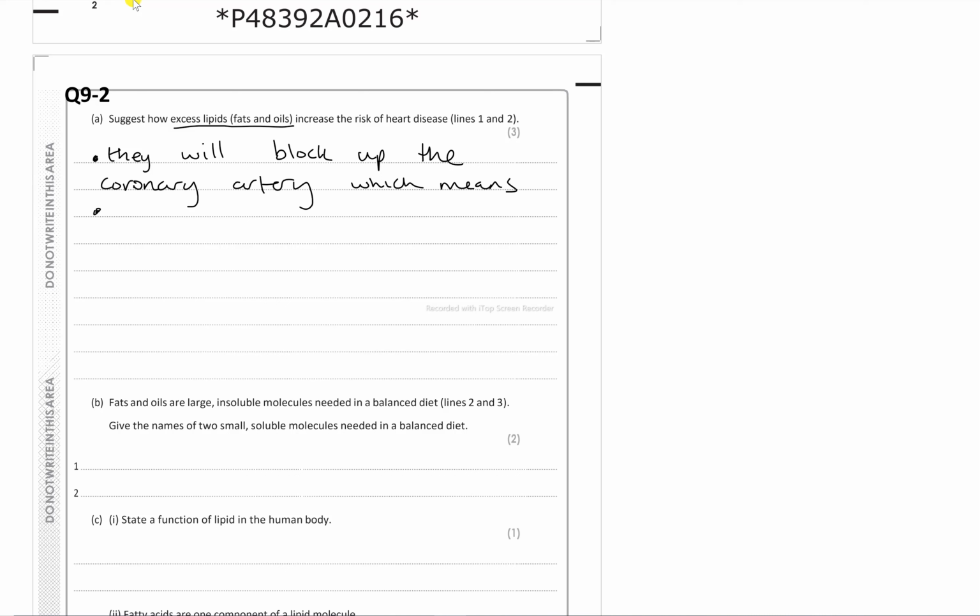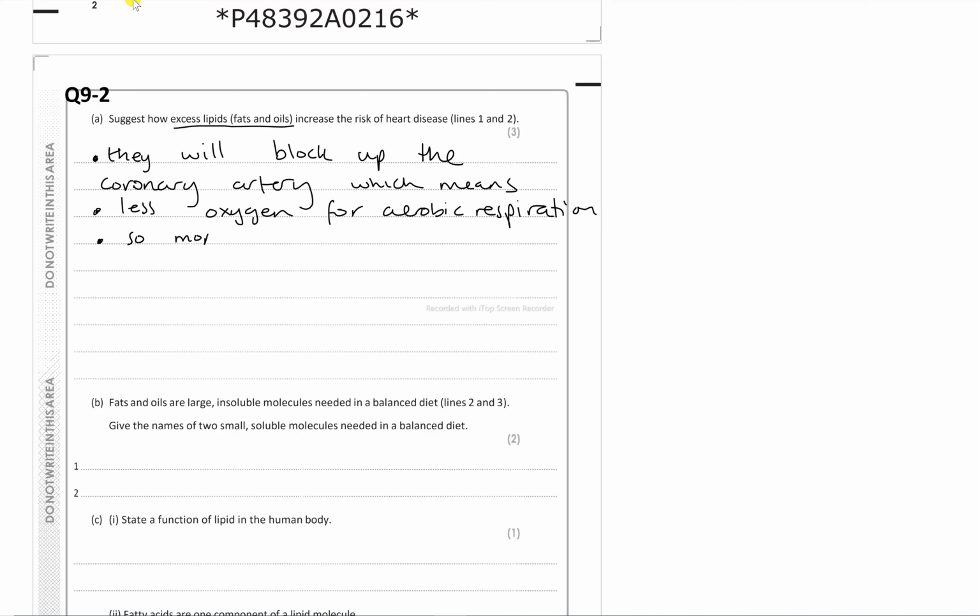Your next point is, which means less oxygen for aerobic respiration. So again, all these key words.